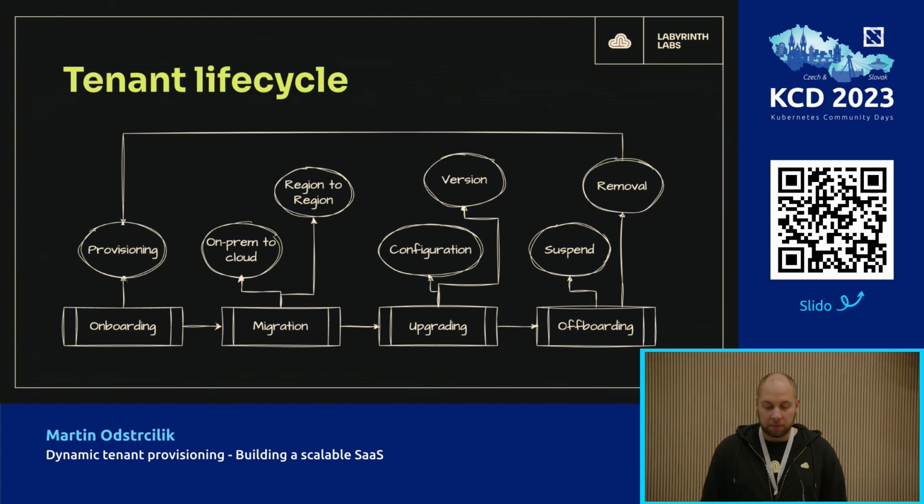Also, typically, you have some configuration changes or version changes on the tenant side. And when, unfortunately, you need to offboard the tenant, you might either suspend its subscription or do a complete removal, which will also unprovision those resources.